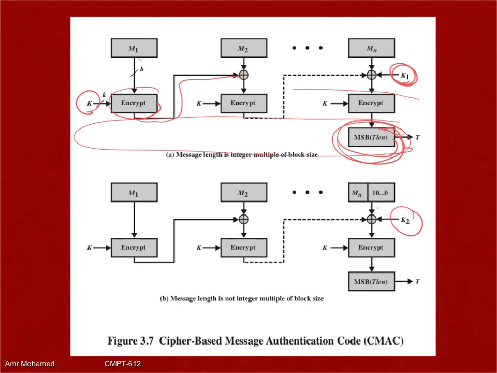If there is an error in the message itself, this will allow us to detect that the message has been altered. But that's not the requirement here. Even if an error happens to the MAC itself, in all cases you cannot do anything. You reject the message anyway.